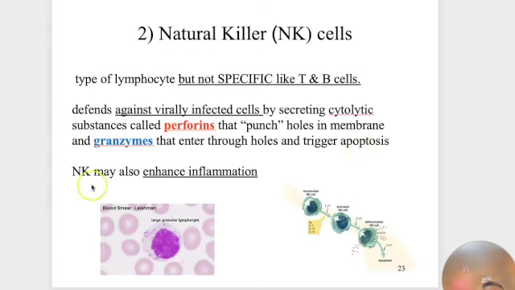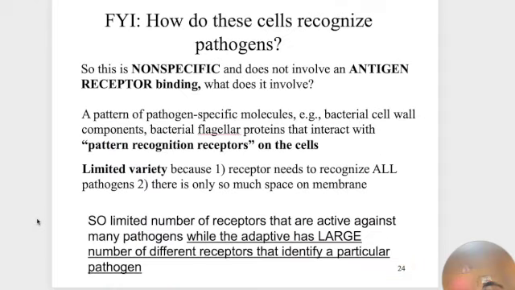Natural killer cells may enhance inflammation. Okay, again, if something is released, you might release something called a cytokine or chemotaxins that will attract other cells to come over. How do these cells recognize pathogens?